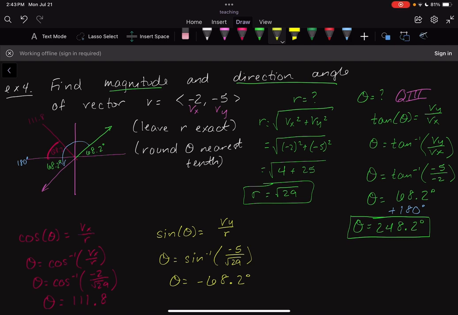So again, this one would have given you an angle in quadrant 4, and you would have had to fix the fact that it's in the wrong quadrant. You can decide whatever you think is easier. I personally think that using tangent for quadrant 3 is easier, and then I just add 180.